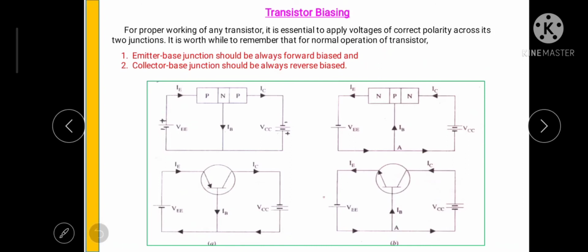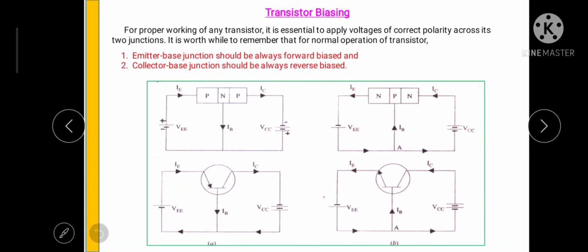Here try to concentrate on this circuit. We have taken the structure of a PNP transistor. Here the first terminal is the emitter, the middle terminal is the base and the last terminal is the collector. As per our first rule, the emitter to base junction should be forward biased.